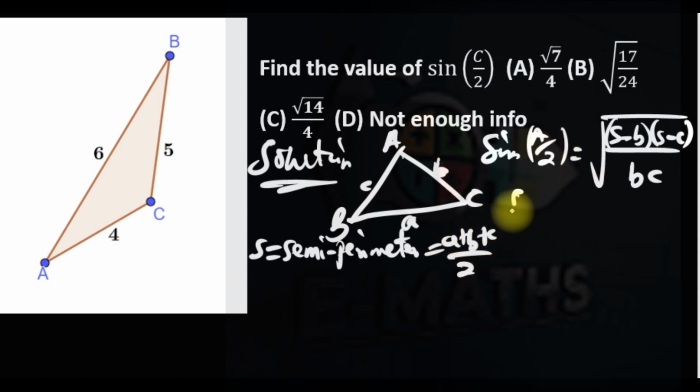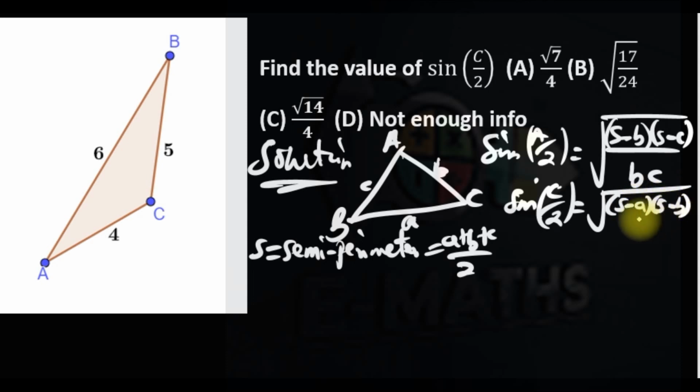But if you are given sine C over 2, that is now equal to the square root of, I have C here, so what I'll have inside is A and B, x minus A over AB.